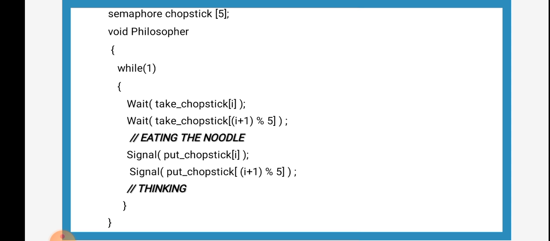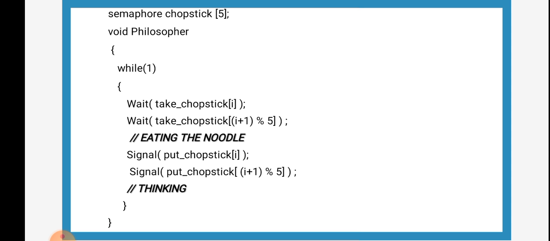The rule is that the philosopher first always picks up the left chopstick and then goes for the right chopstick. To pick up the left chopstick, the wait operation is performed on take chopstick of I. What is the value of I? I is 1, so he has to pick up F1, chopstick 1.